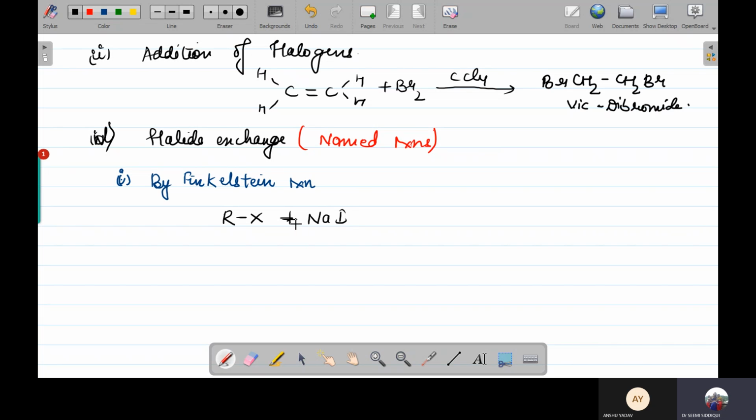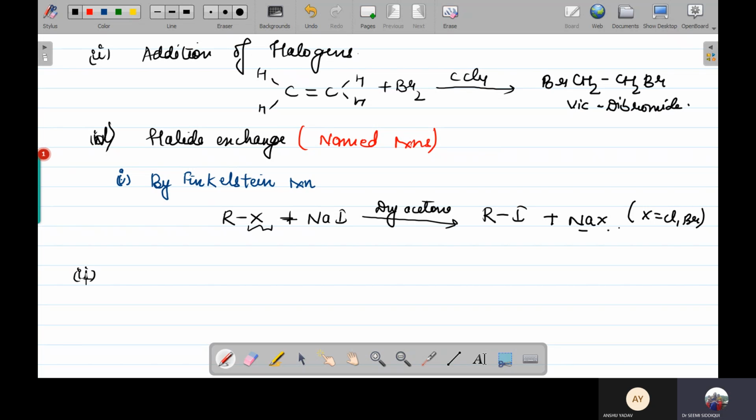Basically, in this Finkelstein reaction, I have taken an alkyl halide that already has a halogen, and I'm saying it is a halide exchange reaction. So what is going to happen? In the presence of dry acetone, iodine is going to come to the carbon chain and the halogen is going to attach with the sodium. Over here, X can be chlorine or bromine.